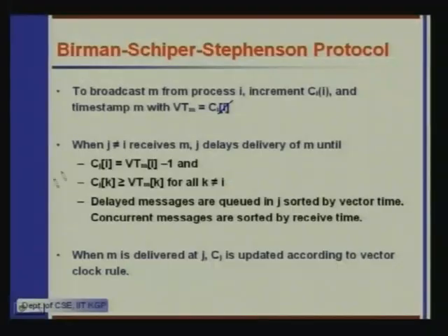right. Now, that is what this step does: when j is not equal to i, which receives the message m, j will not deliver m until Cj[i] is equal to Vtm[i] minus 1, and Cj[k] is greater than or equal to Vtm[k] for all k not equal to i. Now, let us get this clear.